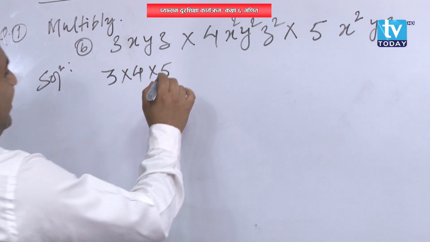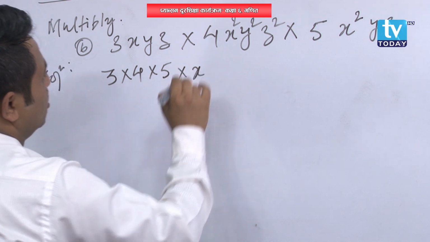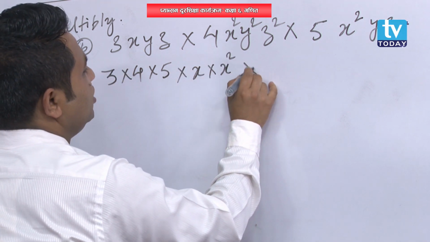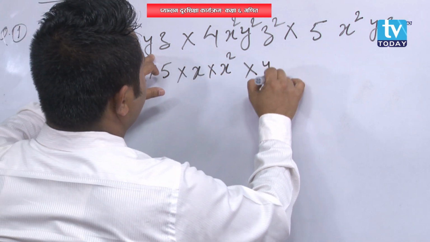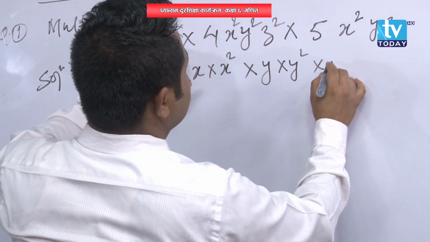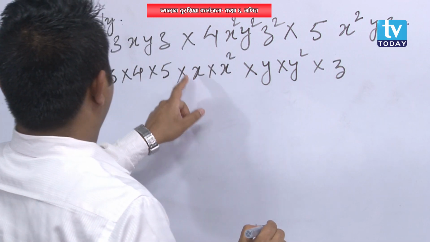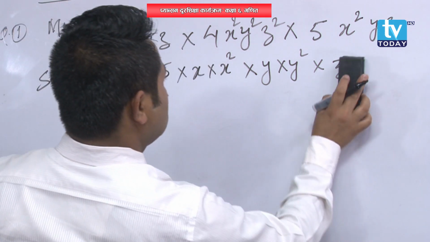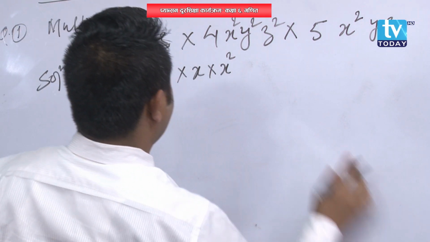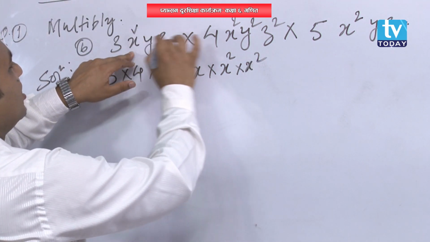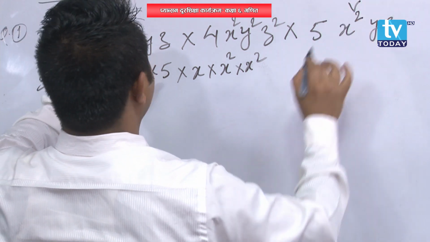Now let's write like terms together. x into x square into x square into x square; we are writing the x terms first.